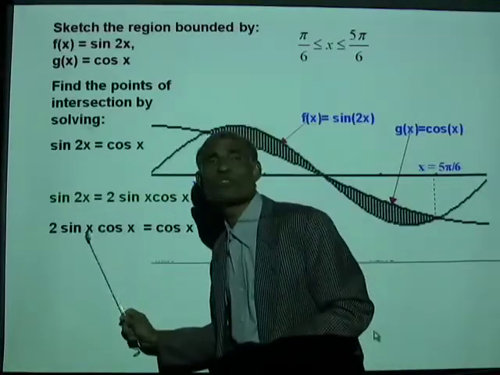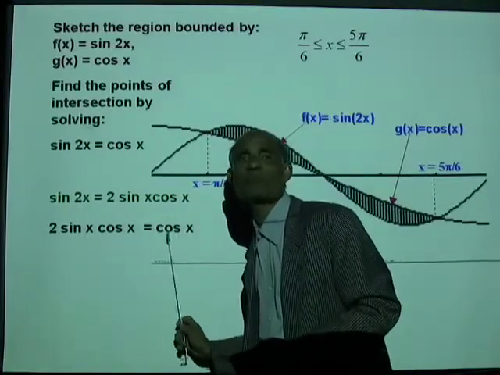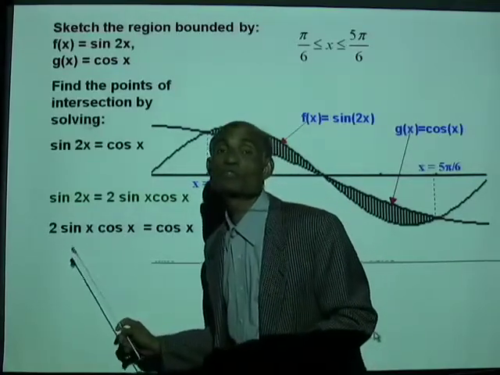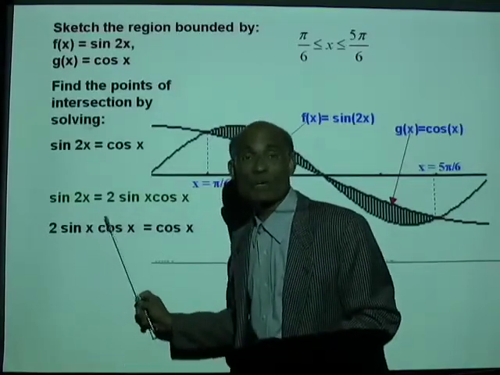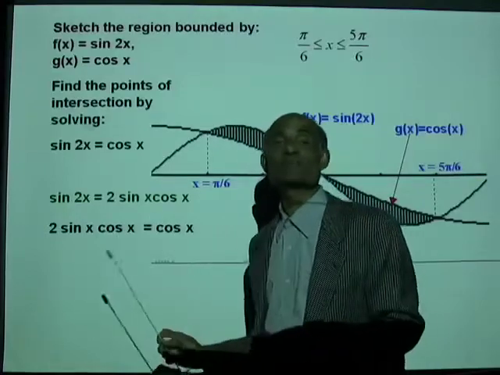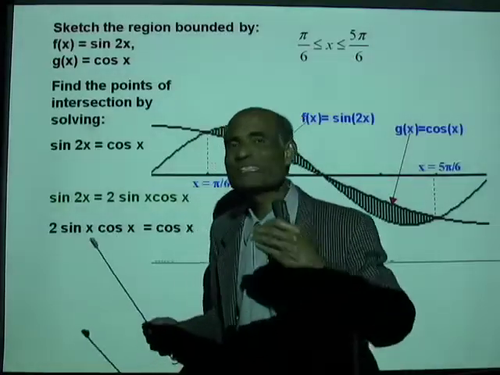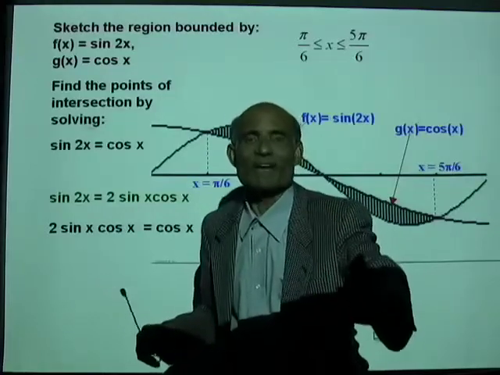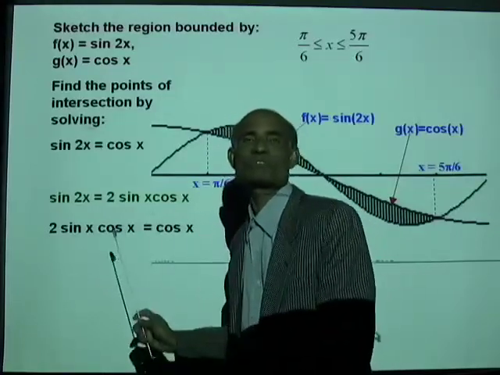I know some of you will say divide both sides by cos x. Now, don't you ever do that when you solve an equation, because when you divide both sides by the same quantity, you are taking away a solution which is actually there. You will miss a solution if you do that.